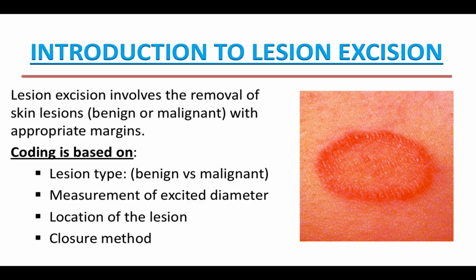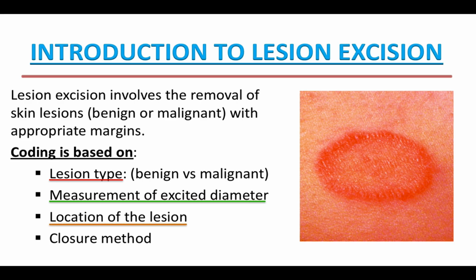To code lesion excision correctly, you need to consider four key factors. First, the type of lesion. Is it benign or malignant? This determines which set of CPT codes to use. Second, the measurement of the excised diameter, which includes both the lesion size and the margin taken.